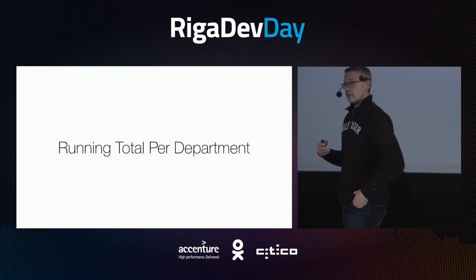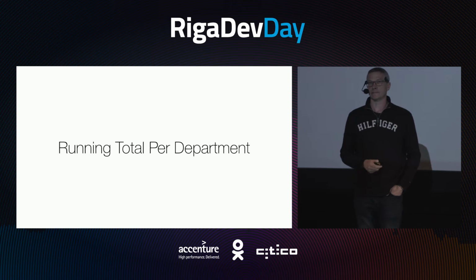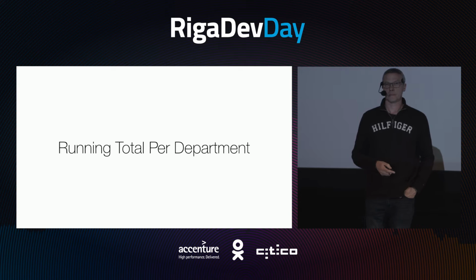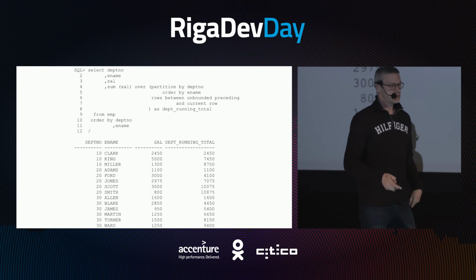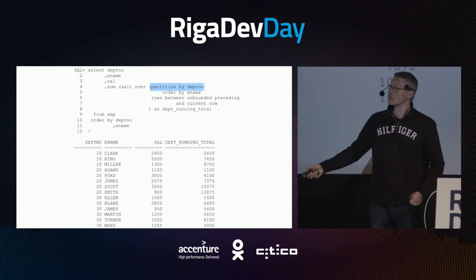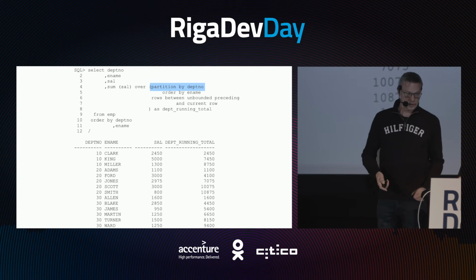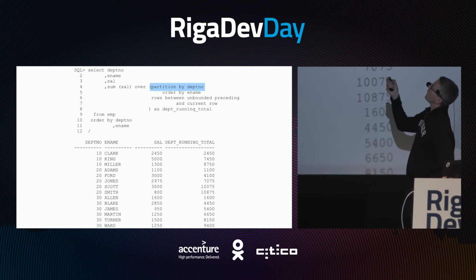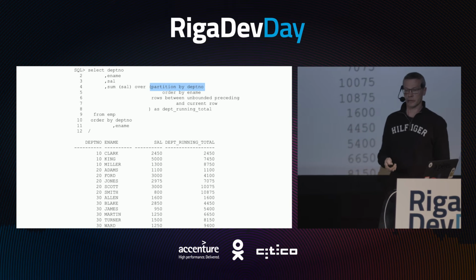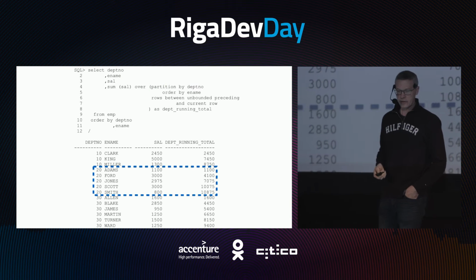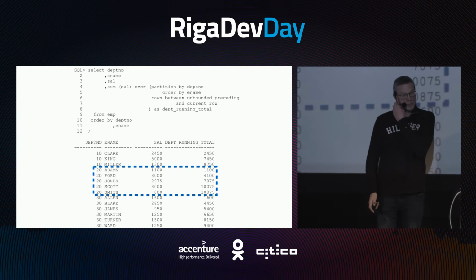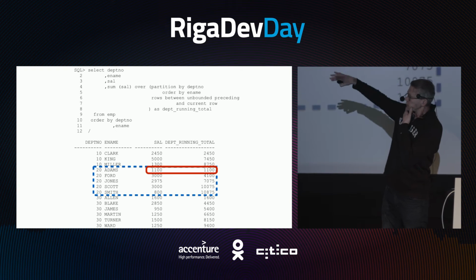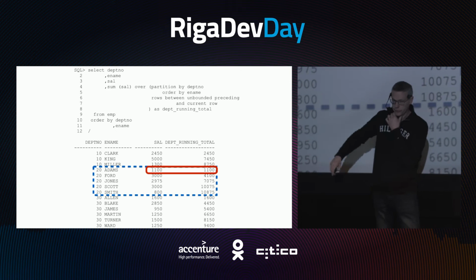Okay. So what if you wanted to do a running total per department? Exactly, you just introduce a partition. Partition by department number, keep everything the same, order by ename, rows unbounded preceding and current row, and you get a running total per department. Three partitions, one for 10, one for 20, one for 30.